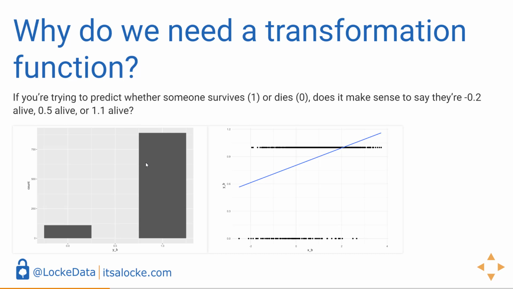So if we had a situation where we've got whether somebody survives or dies from, say, a cancer drug trial, then we don't want to be able to say they're very, very dead, or they're, like a Schrodinger's cat, they're 50% alive, 50% dead, well, it'd be great to say they're 110% alive, but it isn't very sensible.